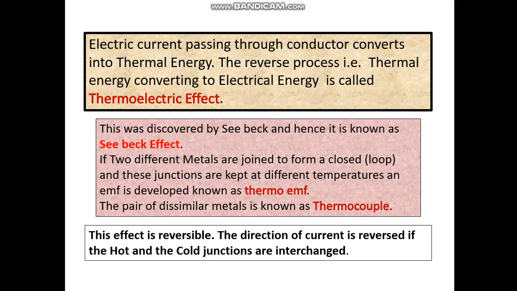Thus, if two different metals are joined to form a closed loop and these junctions are kept at different temperatures, an EMF is developed known as thermo-EMF. The pair of dissimilar metals is known as thermocouple. This effect is reversible. The direction of current is reversed if the hot and the cold junctions are interchanged.